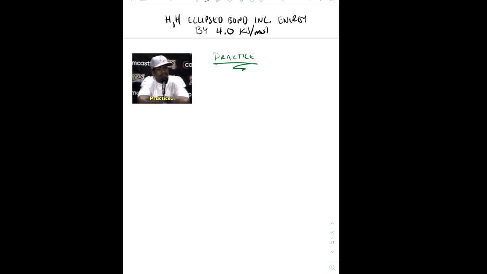First, why don't we try to draw this as a Newman projection? I would say the question needs to be more specific: draw the Newman projection looking down the labeled carbons. So I can label this as C1 and C2, like we always have, looking down C1, C2 like this.